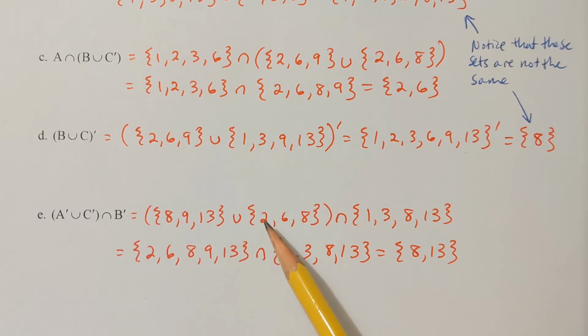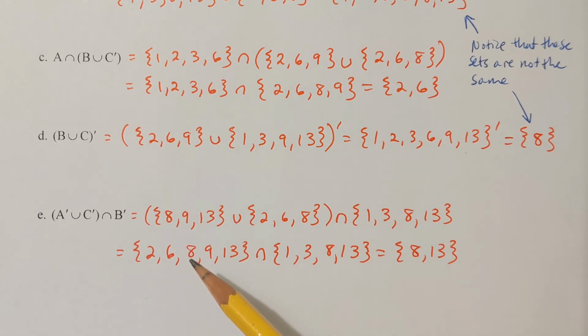So you're going to have the set containing 2, 6, 8, 9, and 13, intersect B complement, which I've just written again. Intersection means that you're looking at all the elements that are in both sets. So what do I see in these two sets together? Here's 8 and 13. So the set containing 8 and 13 would be my answer.